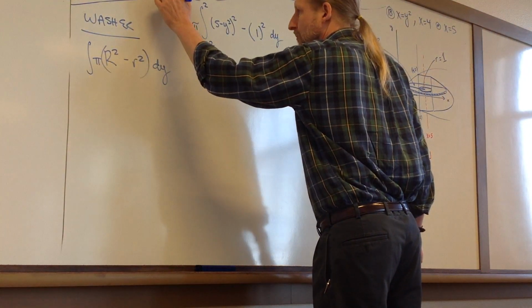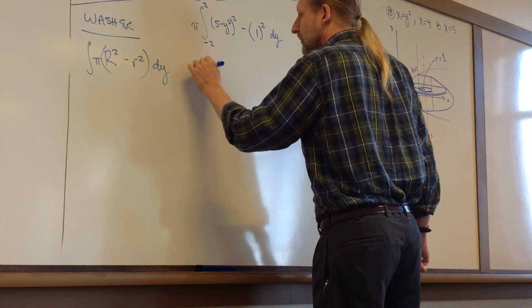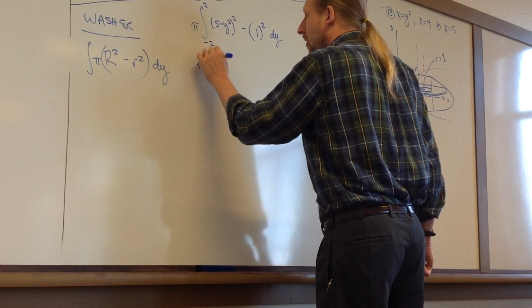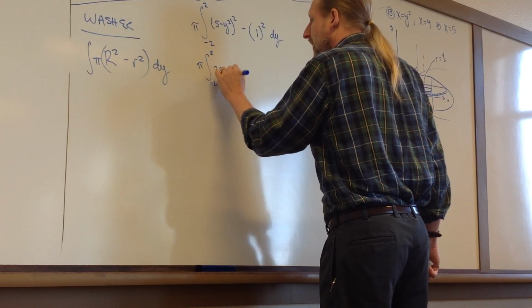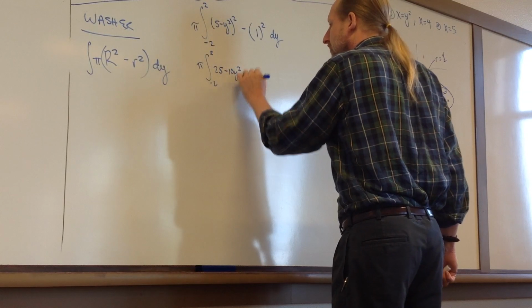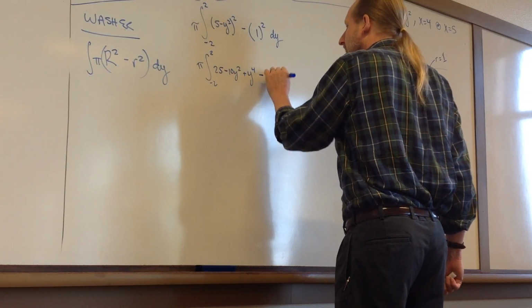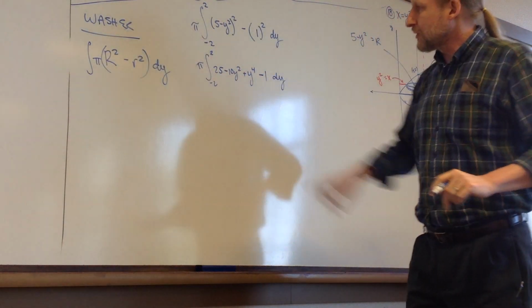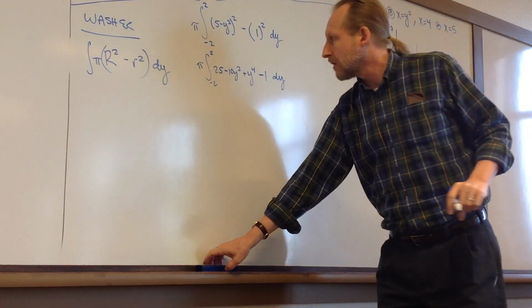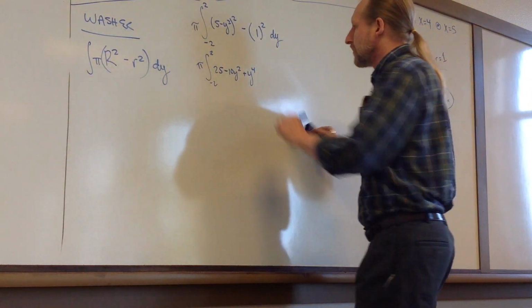Let's do our algebra. So this will be pi times the integral of 25 minus 10y squared plus y to the 4th, and then minus 1. So I'll just make this a 24. I'll clean this up a little bit.